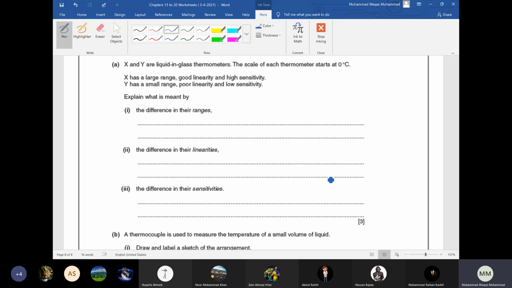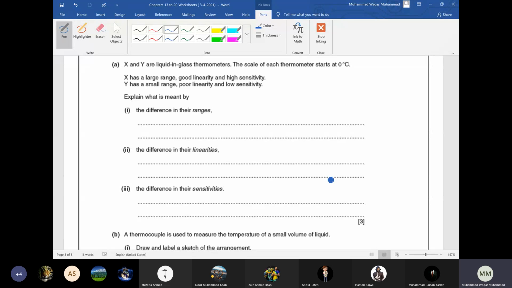Beta, you remember what is the range of the thermometer? The range of the thermometer is basically the range of the temperature that the thermometer can measure. It is the difference between the maximum and minimum temperature that a thermometer can read or record, right?